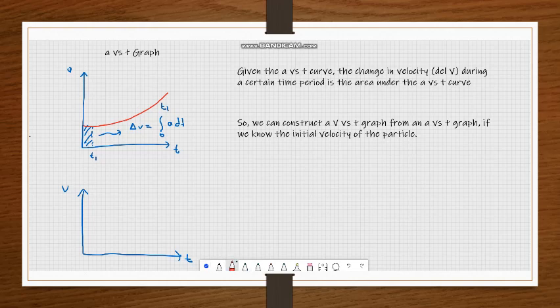So let's assume we have an acceleration and we know the initial velocity.